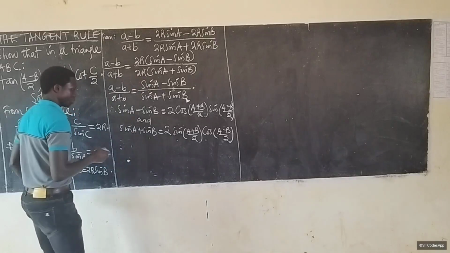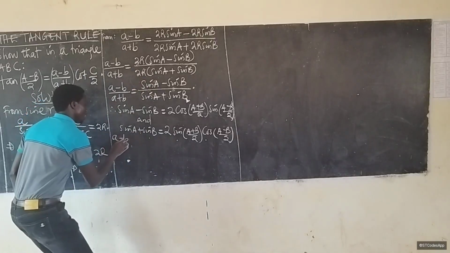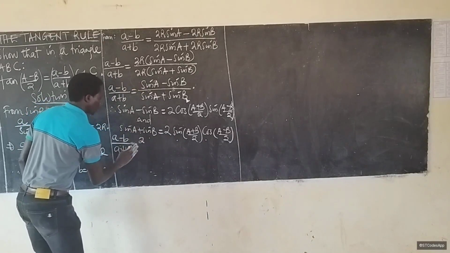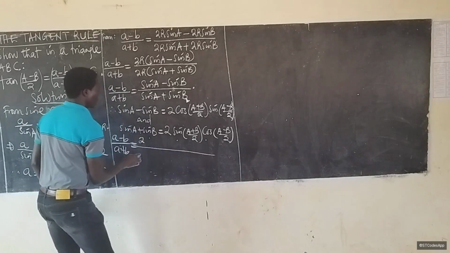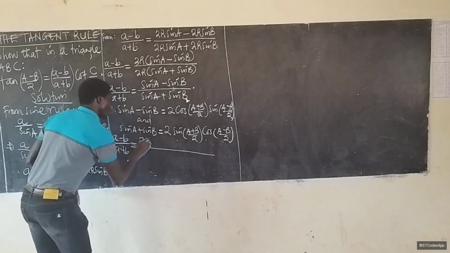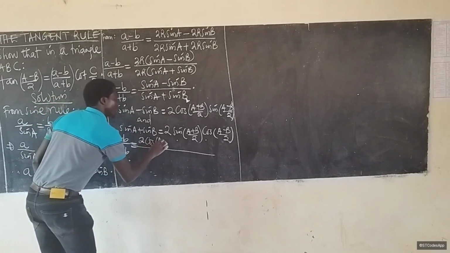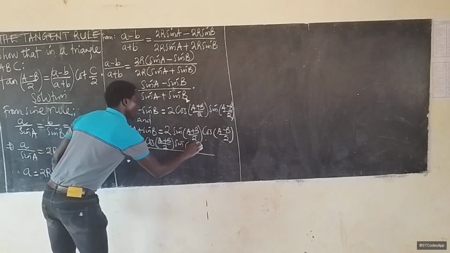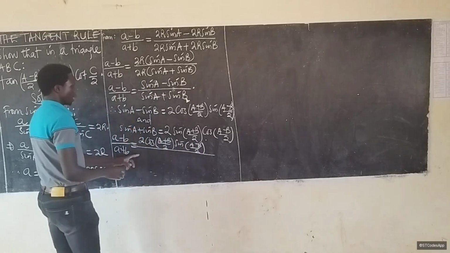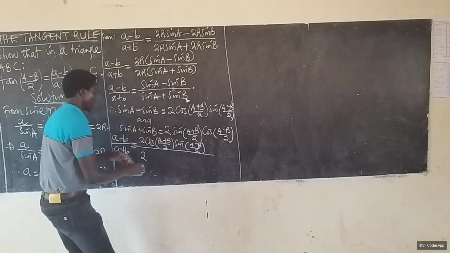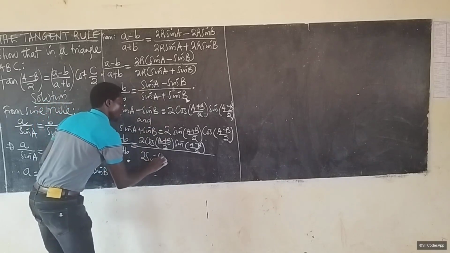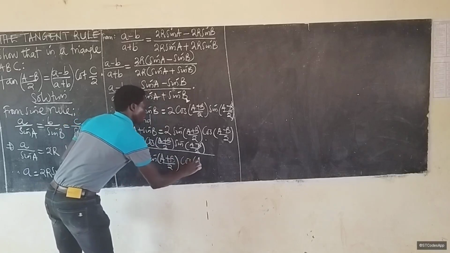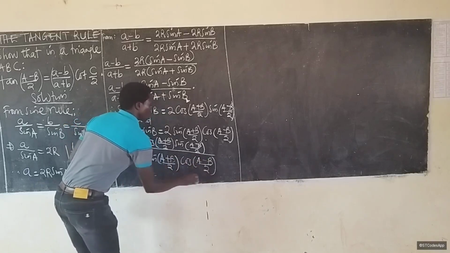On replacing, we shall have that a minus b out of a plus b becomes 2 cosine of (A plus B) out of 2, then sine of (A minus B) out of 2. Then down here I'll have 2 sine of (A plus B) out of 2, and then the cosine of (A minus B) out of 2.